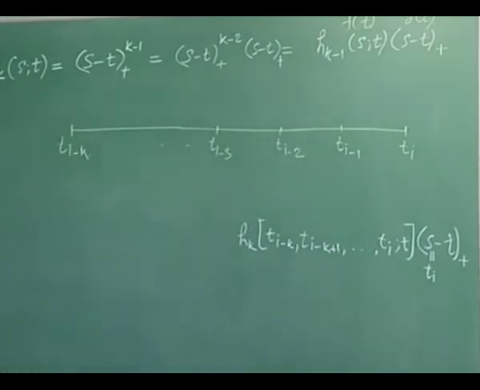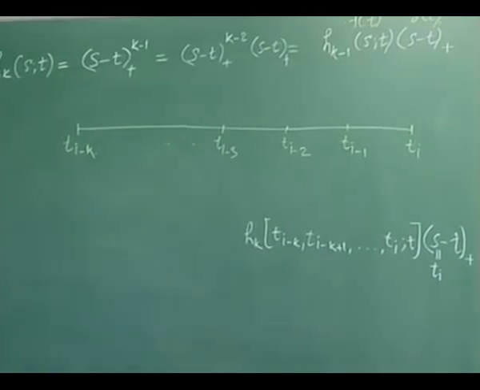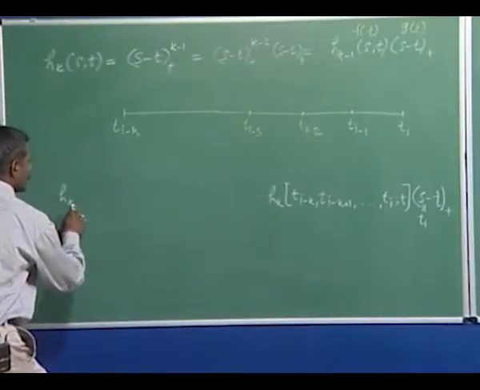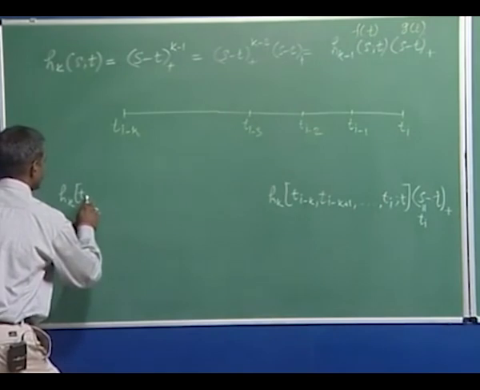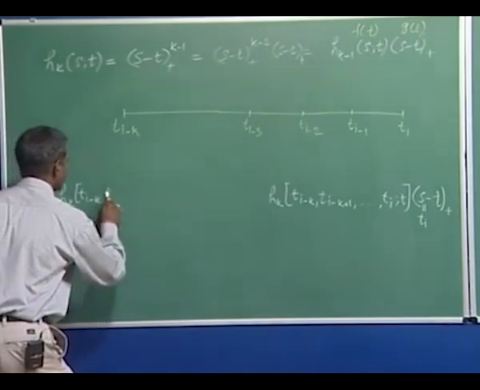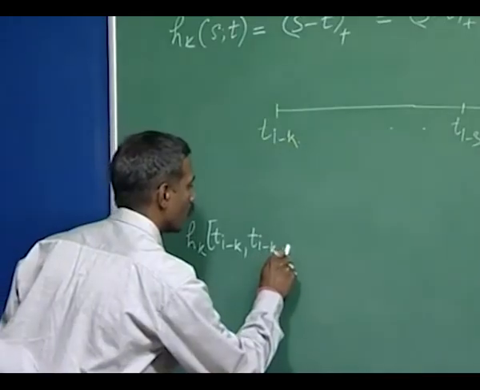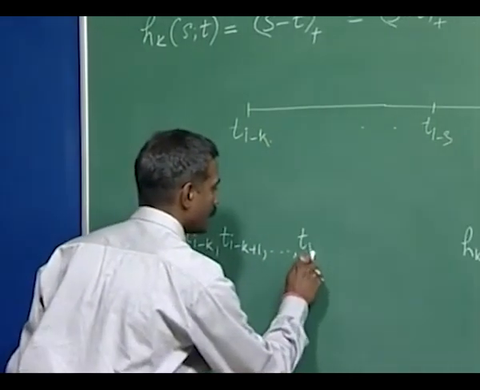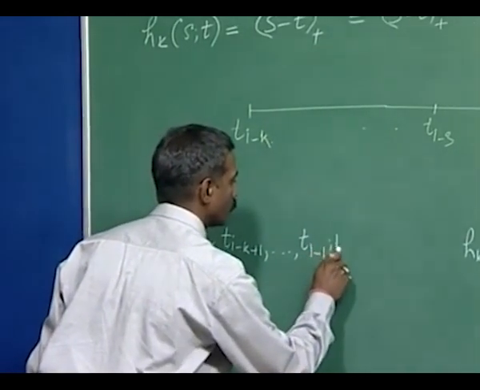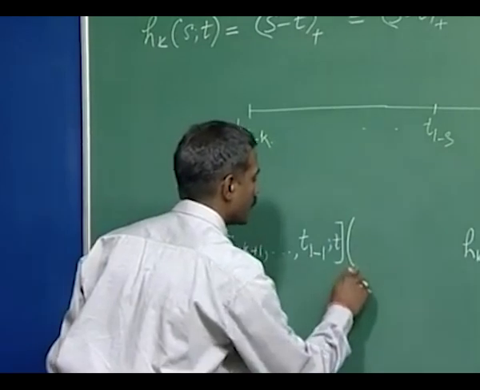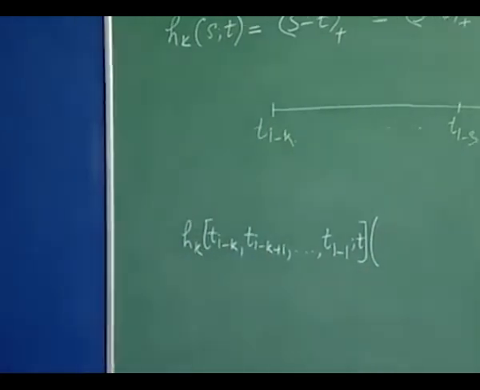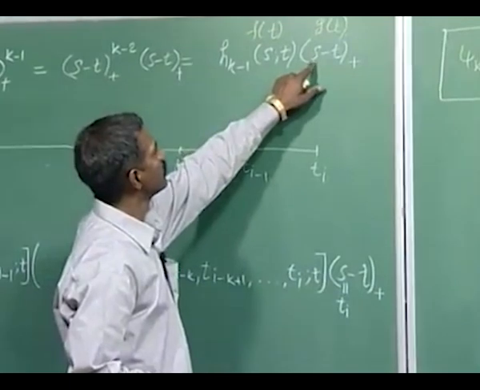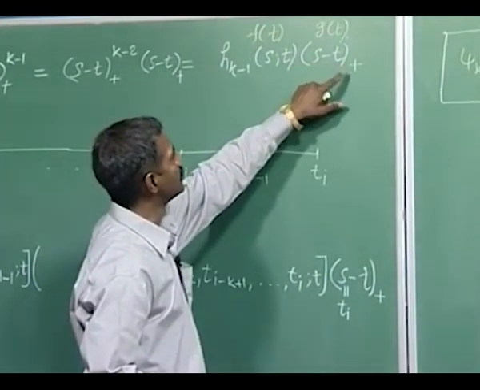The last but one term will be h_k[t_{i-k}, t_{i-k+1}, ..., t_{i-1}; t] times the first divided difference of (s - t) truncated.